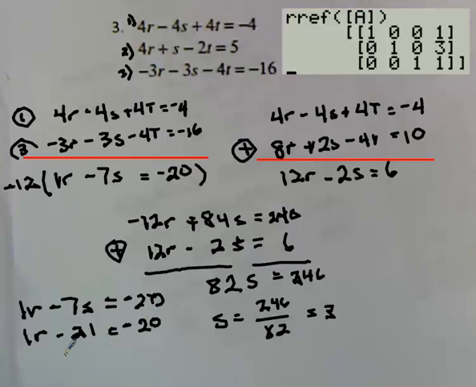And if I add 21 to both sides of the equation, I get r equal to 1. So here I have r, here I have s equal to 3.